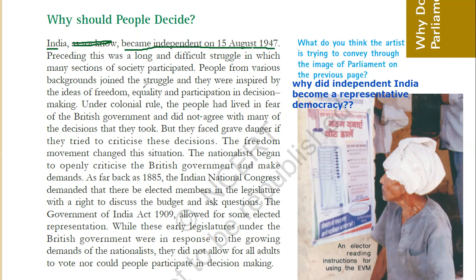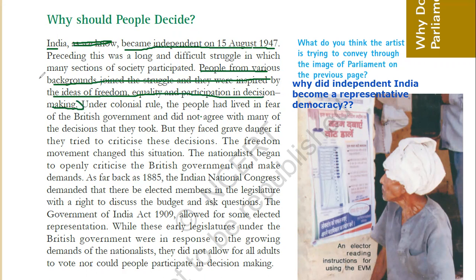And then this point would be continued from here. People from various backgrounds joined the struggle and they were inspired by the ideas of freedom, equality, participation in decision making.